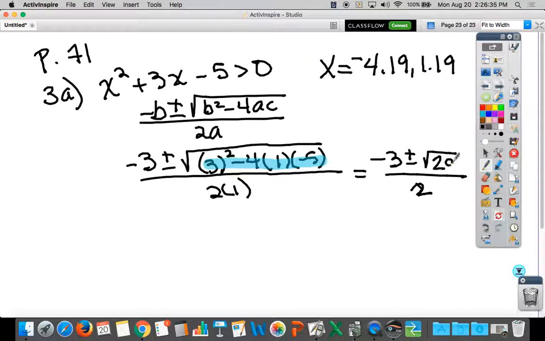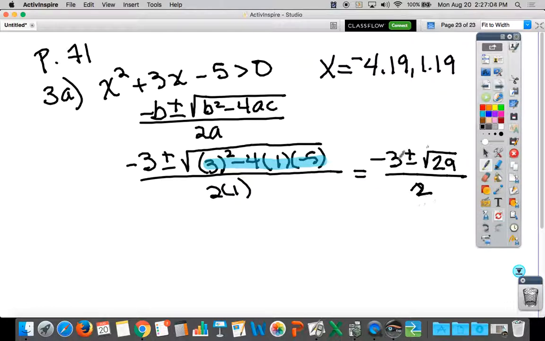Did you get 29 as your discriminant? By the way, 29 is greater than 0, equal to 0, or less than 0? Greater than 0. Do I have 2 roots, 1 root, or no roots? 2 roots. Okay. We always are going to loop back. Now, this is how they want their answer. But this is the easy way for me to do my number line.